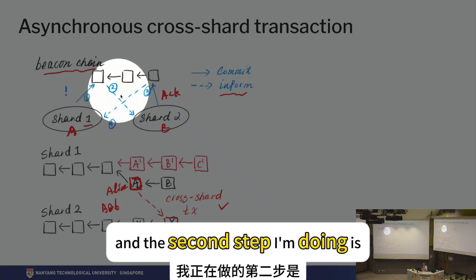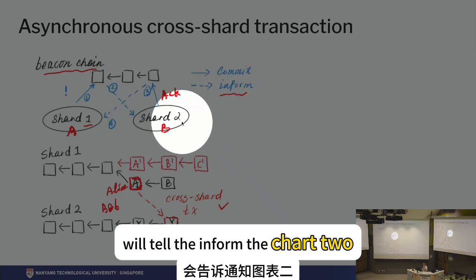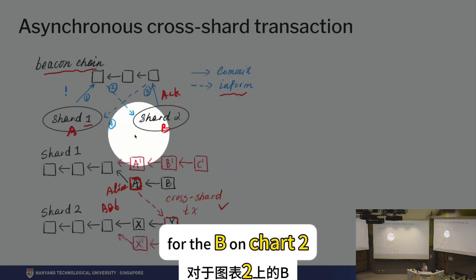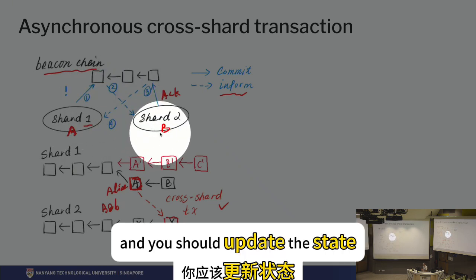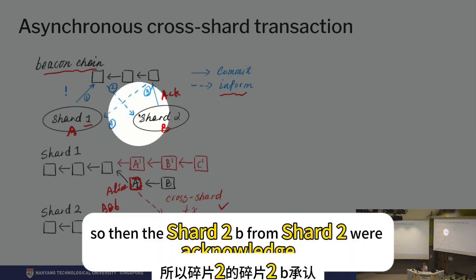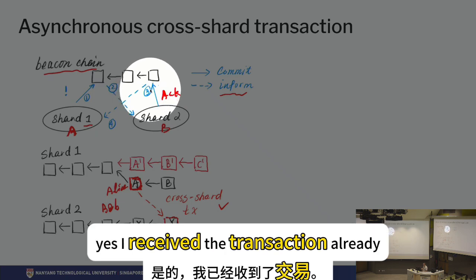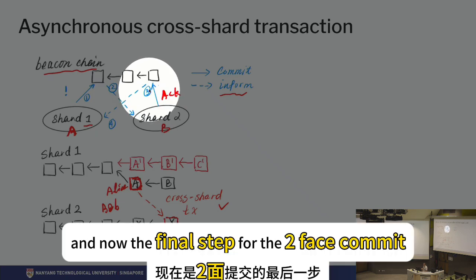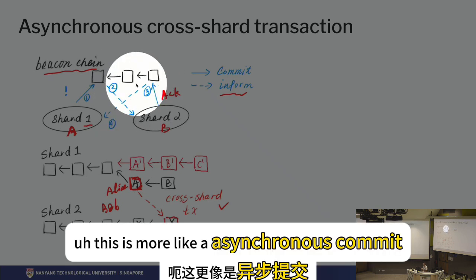In the second step, the beacon chain informs shard 2, for B on shard 2, that A is now sending you money and you should update the state of your account balance. Then B from shard 2 will acknowledge to the beacon chain, yes, I received the transaction already, and now comes the final step. This is not called two-phase commit anymore; it is more like an asynchronous commit.